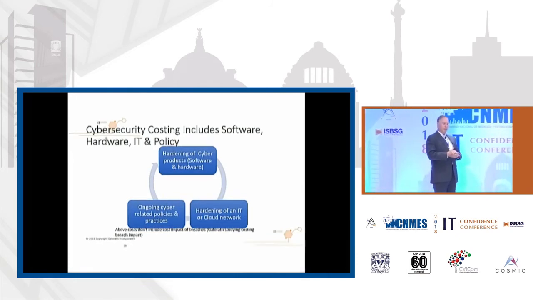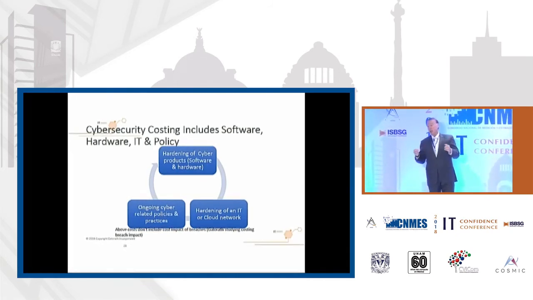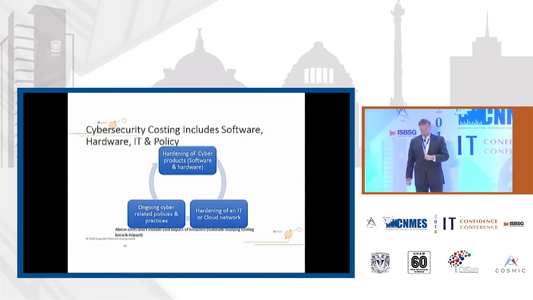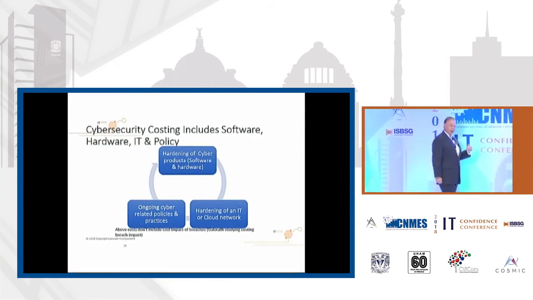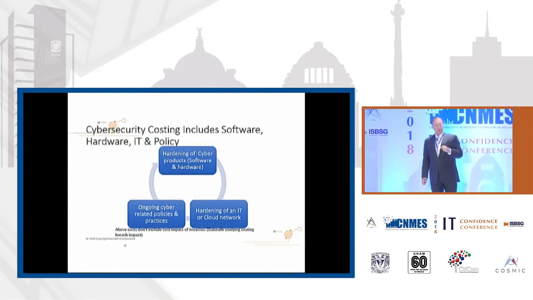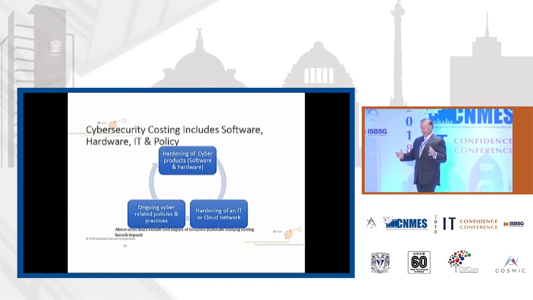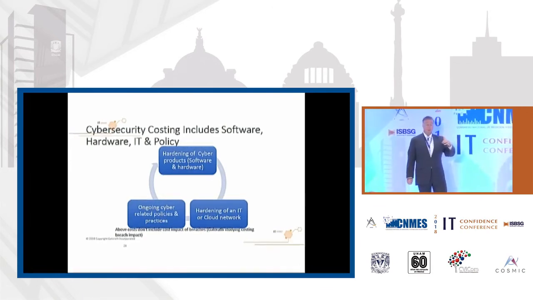It can be 400% more expensive to make your software generically secure, 99% secure, than to do it with hardware. Hardening of IT or cloud networks going in. This is where Amazon and Azure and those guys are really doing a good job now, because they're providing that security better in many cases than we can do on premises. And then cyber-related policies and practices.